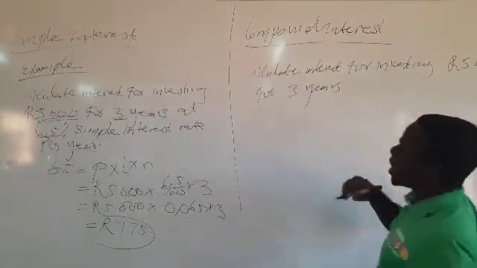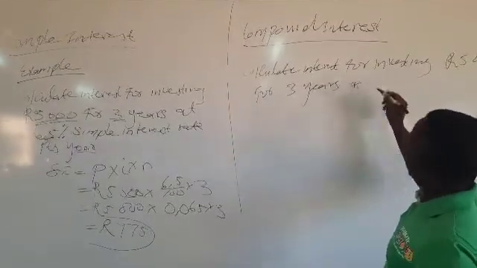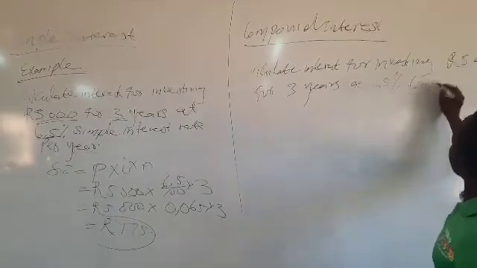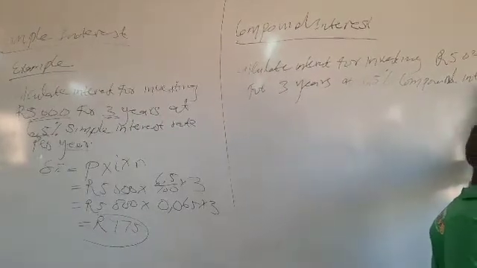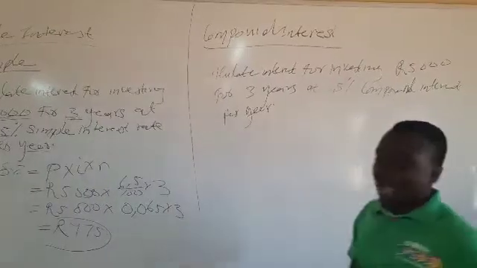And then what is happening about the interest rate at 6.5% compound interest per what? Per year or per annum.